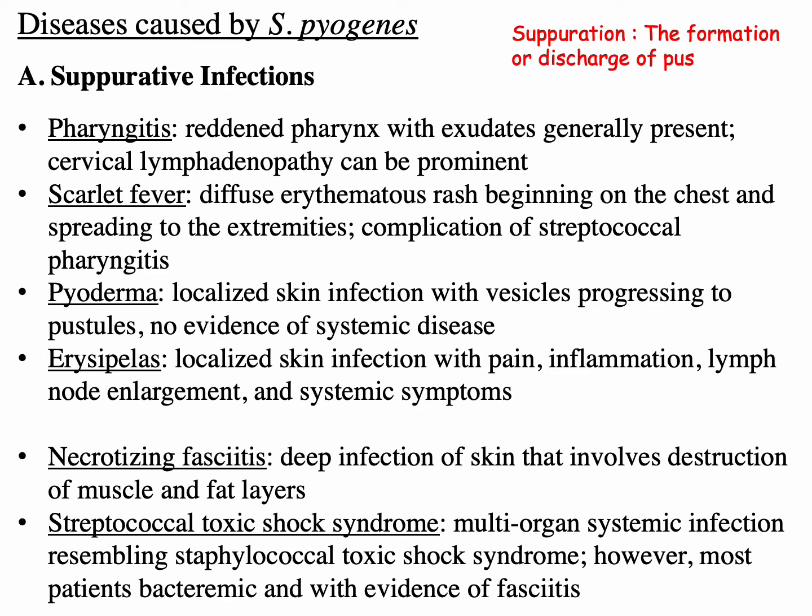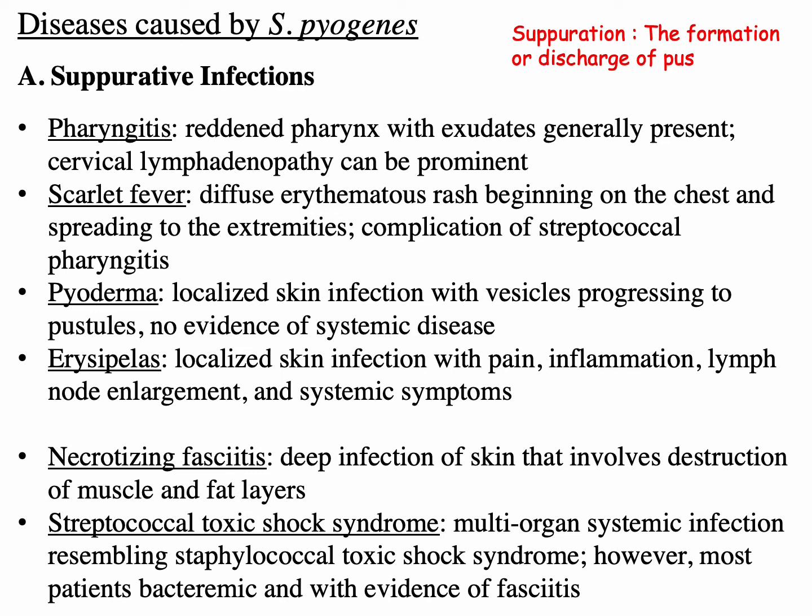Then you have other skin infections like pyoderma, erysipelas, and then more severe infections like necrotizing fasciitis. This is commonly called flesh-eating disease. This is very severe destruction of the tissue and skin, muscle and fat layer, and there's a picture to show in the next slide. This is a major destruction of the tissues, and it can progress very quickly.